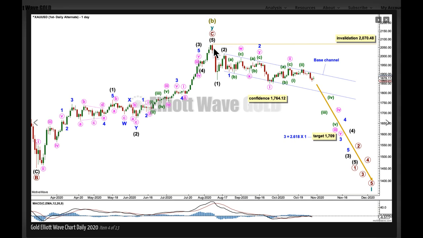If that's happened, then we have some good strength to start off the new movement, and so this supports this wave count. We have 1, 2, 3, 4 overlapping first and second waves with intermediate waves 1 and 2, minor waves 1 and 2, minute waves 1 and 2, and now minuet waves 1 and 2.